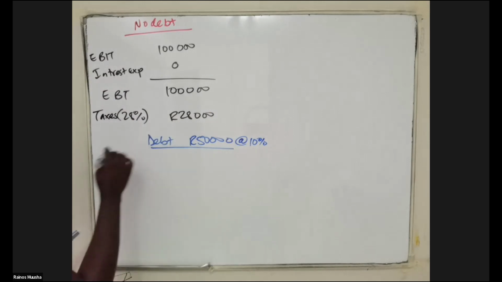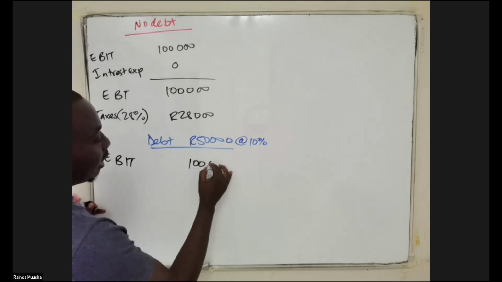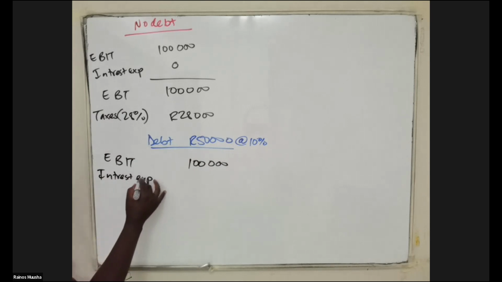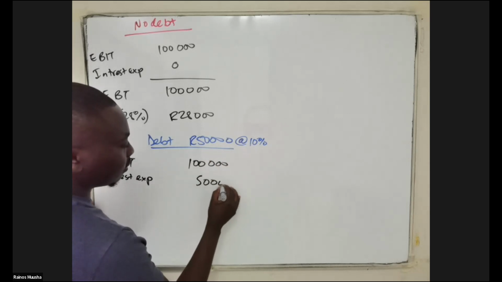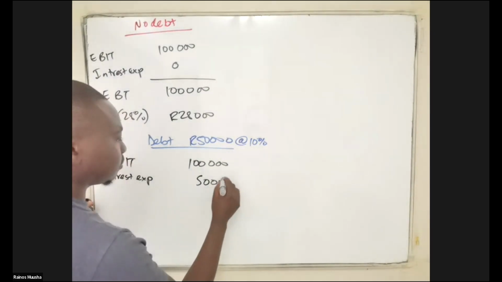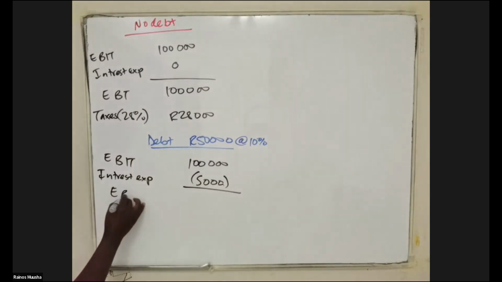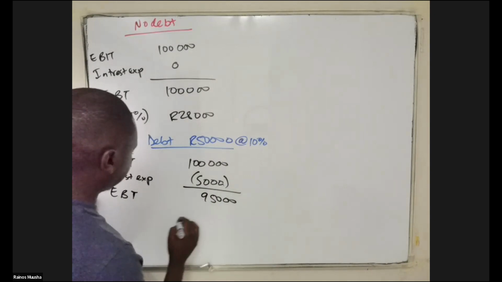So for this particular company, the earnings before interest and tax will be 100,000. The interest expense is going to be 10% of 50,000, which is 5,000. So the earnings before tax is going to be 95,000.